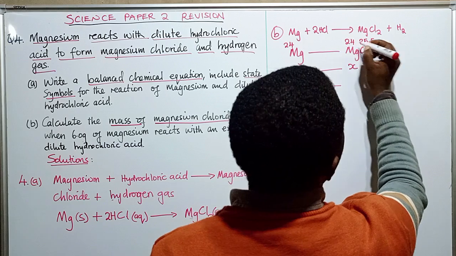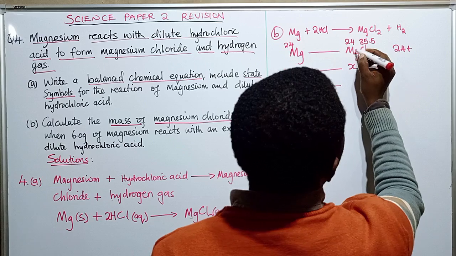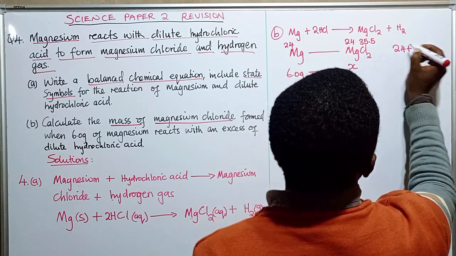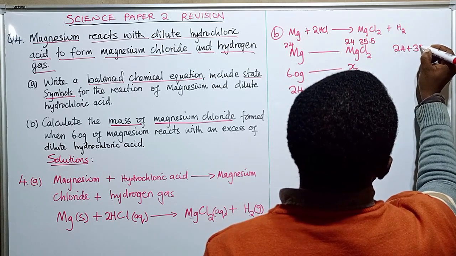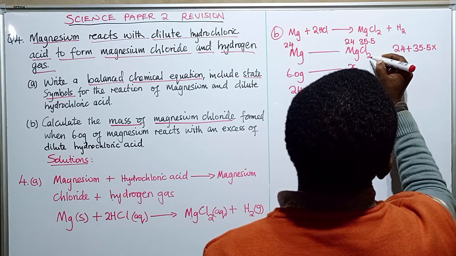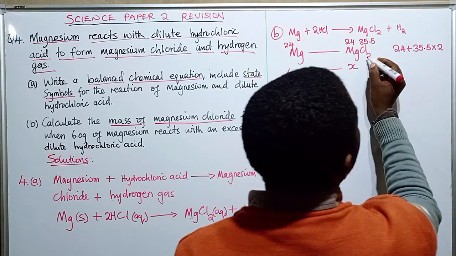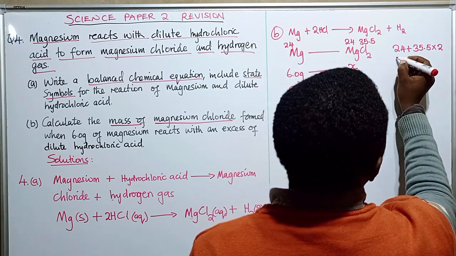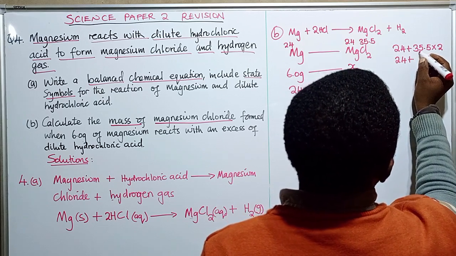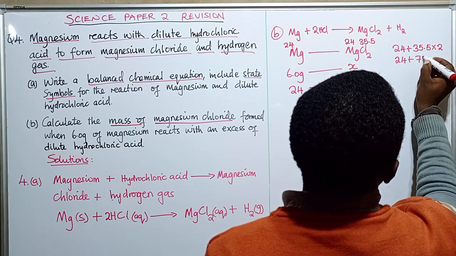So how do you add? You say 24 plus, because magnesium has 24 alone, then you come to chlorine, which has 35.5, times 2, because chlorine has a 2 here. So you put 2 because there are 2 atoms there. Then 24 plus 35.5 times 2, which is 71.